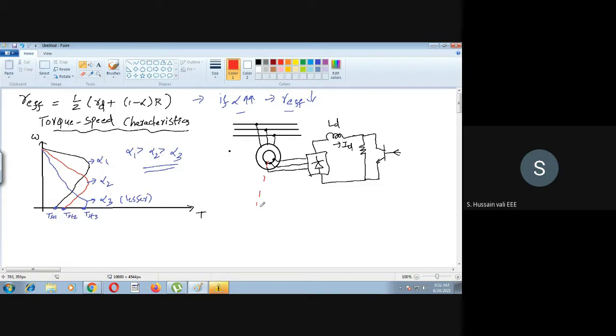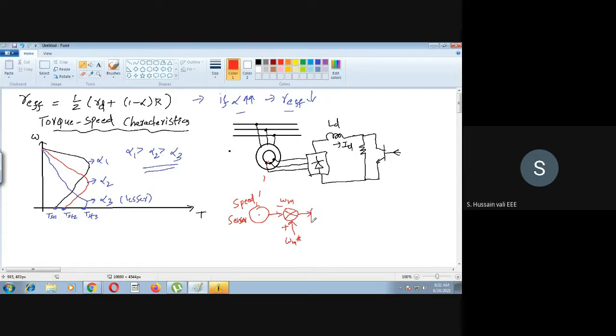Coupled here, there is a speed sensor, which senses the speed of the induction motor. So this is the actual speed. You compare the actual speed with the reference speed. You set the speed yourself.